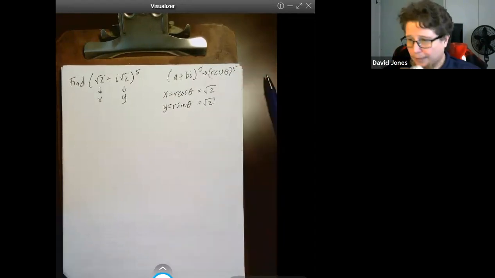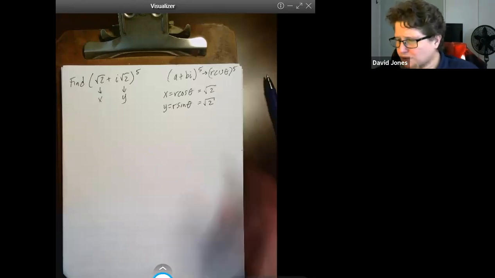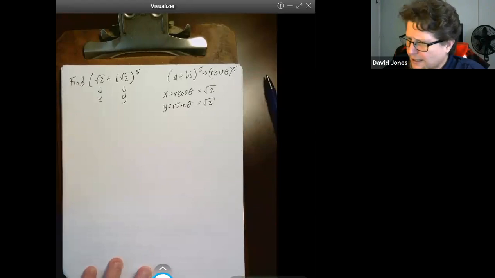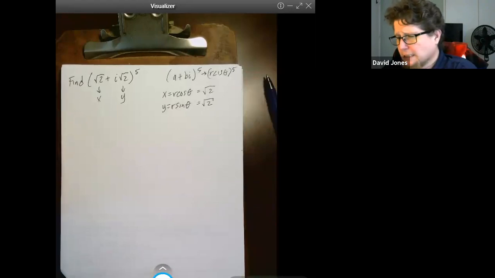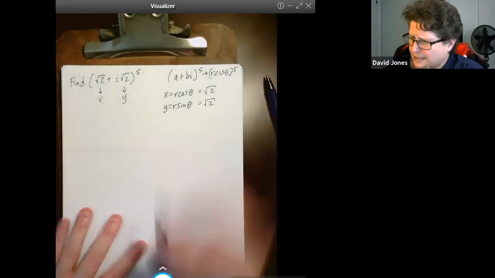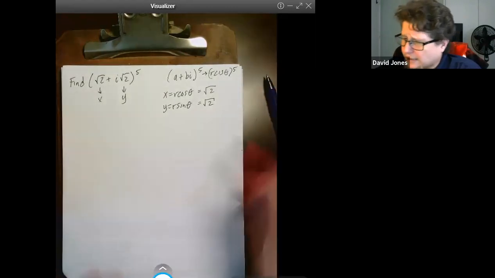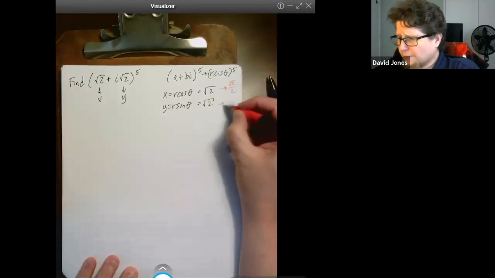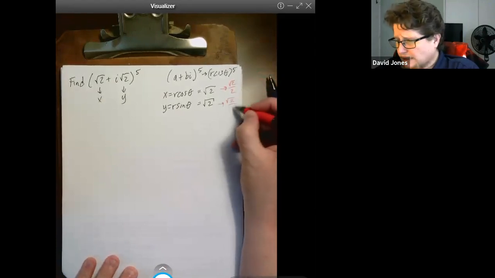Well, since it's root 2, what does that look like to you? It's a lot like root 2 over 2, isn't it? If I cut this in half, if that was root 2 over 2, we'd be good, because that would be 45 degrees, right?